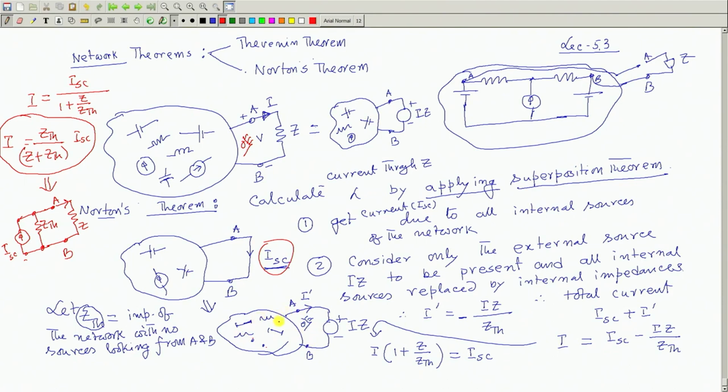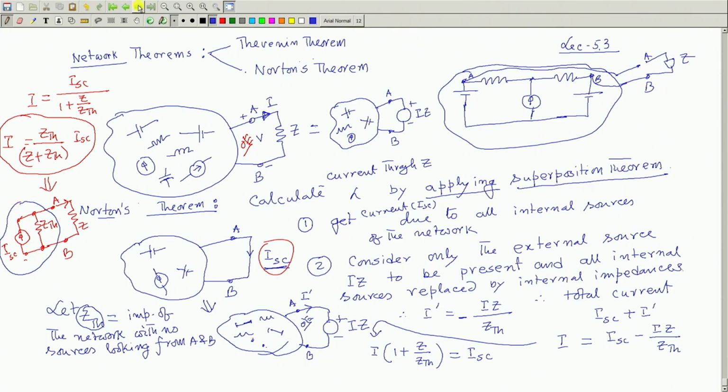The moment you get that, then you say, however complex this network is, if it is linear networks, because we have taken help of superposition theorem, with the understanding the network is linear, then only I can apply superposition. Therefore, all these complicated things of this network will be replaced by a current source in parallel with an impedance.